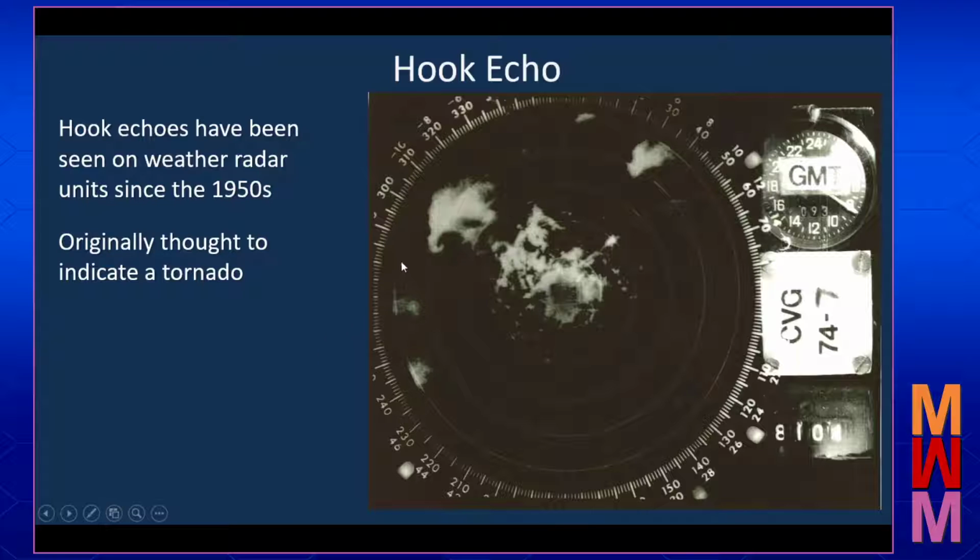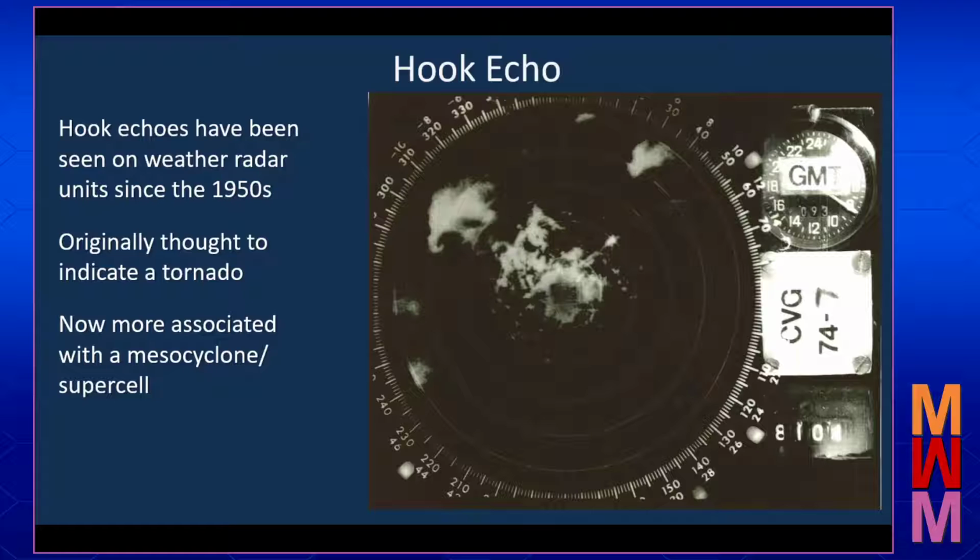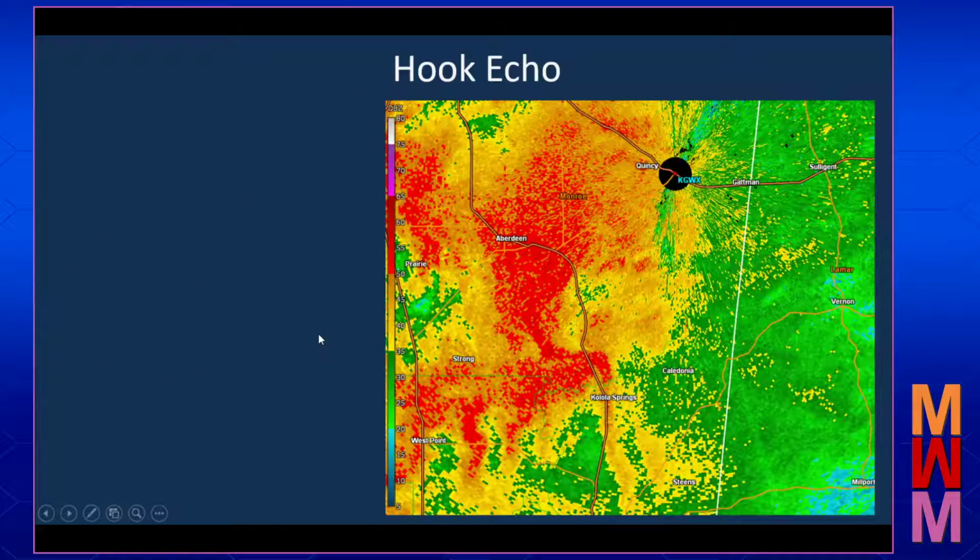In the early days, it was thought that the hook echo meant that the storm had a tornado. We've learned since that's not necessarily the case, that it may be more likely associated with a mesocyclone, with a supercell, not necessarily with a tornado.